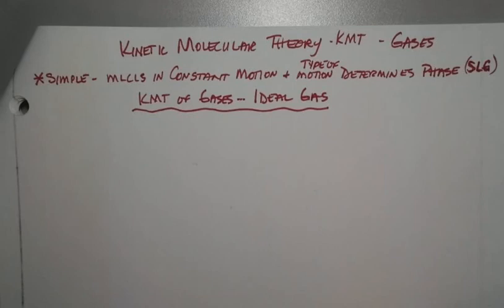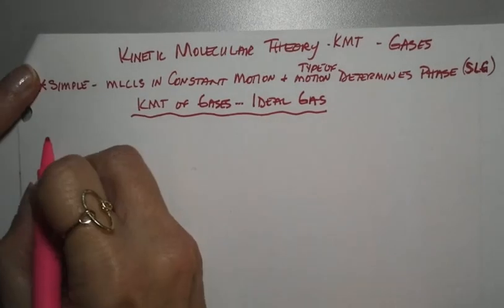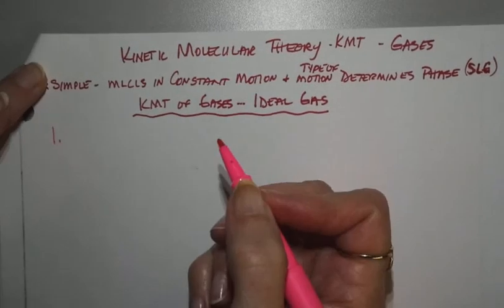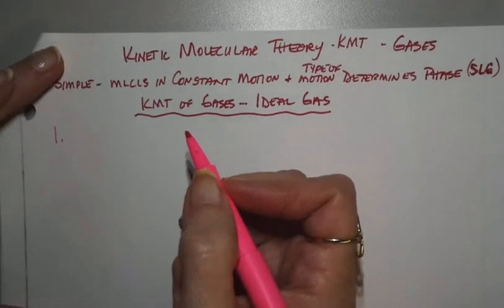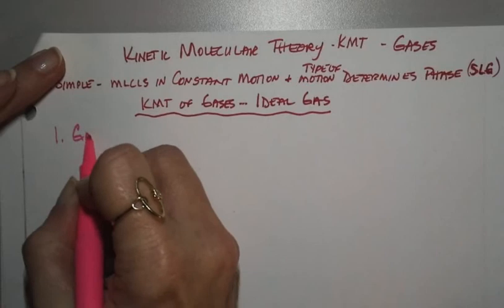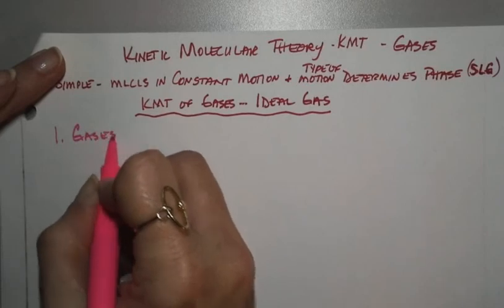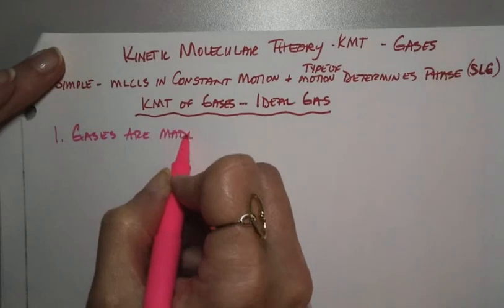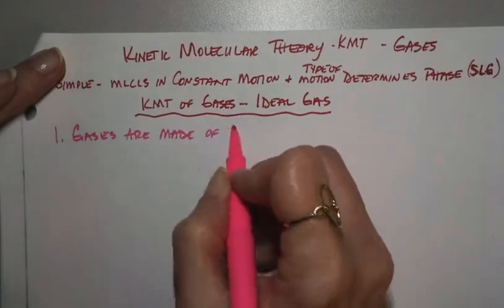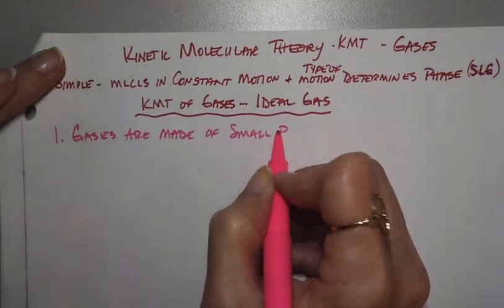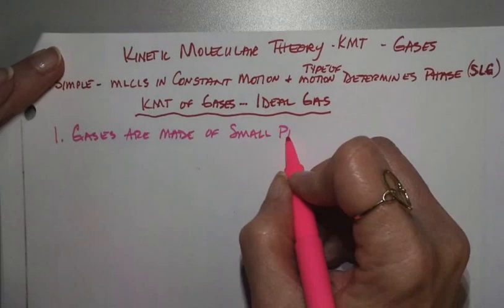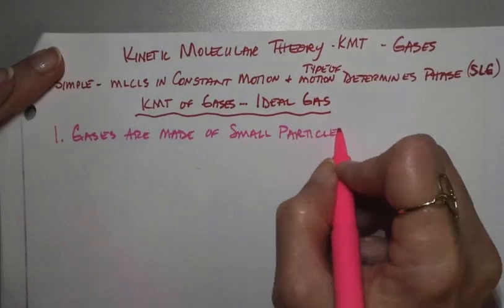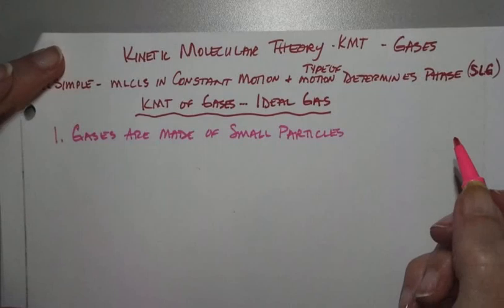Some of these things are pretty obvious, and you're thinking, duh, why are they even saying that? Number one, gases are made of very small particles, atoms or molecules. They've got to be made of really small particles.